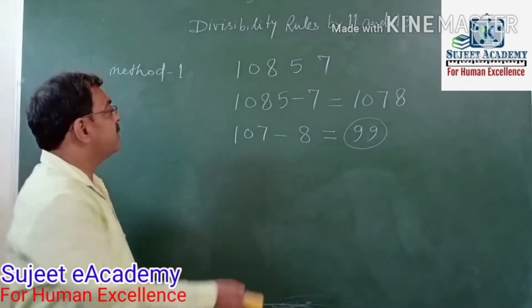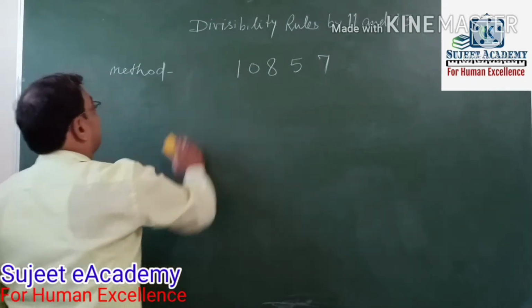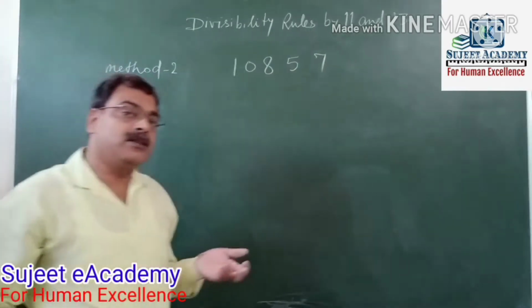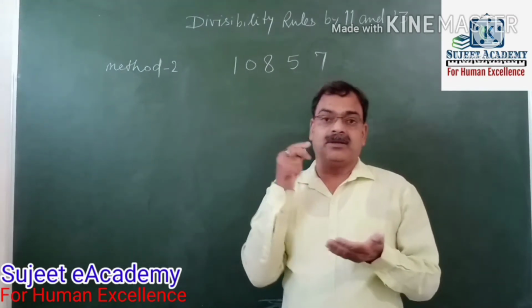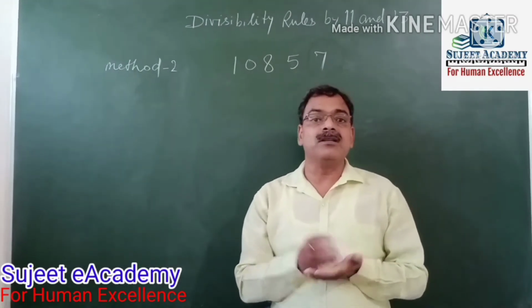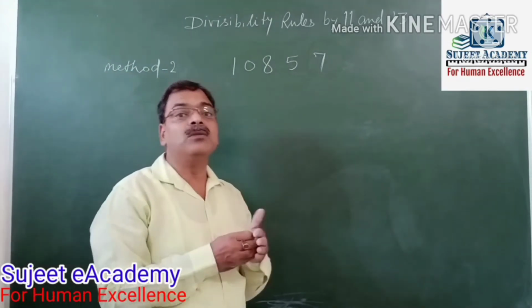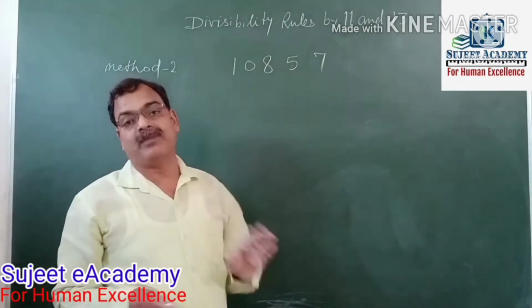Now I again discuss the second method on the same digits. Method 2. In this method, you sum separately the odd place values and the even place values. If the difference of these two is divisible by 11, then the complete number is also divisible by 11.